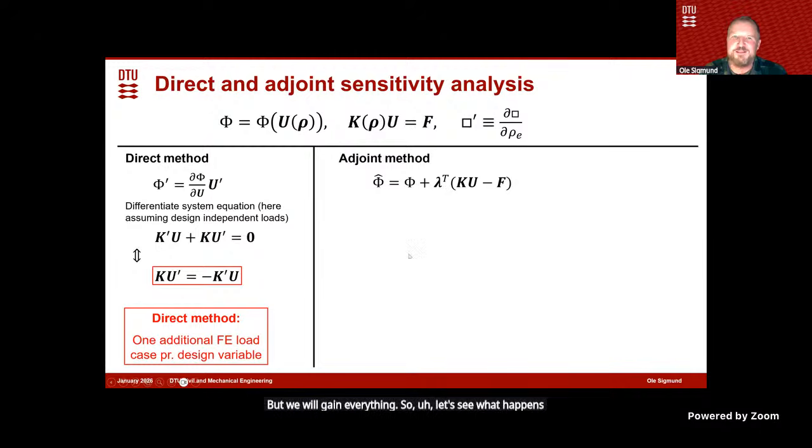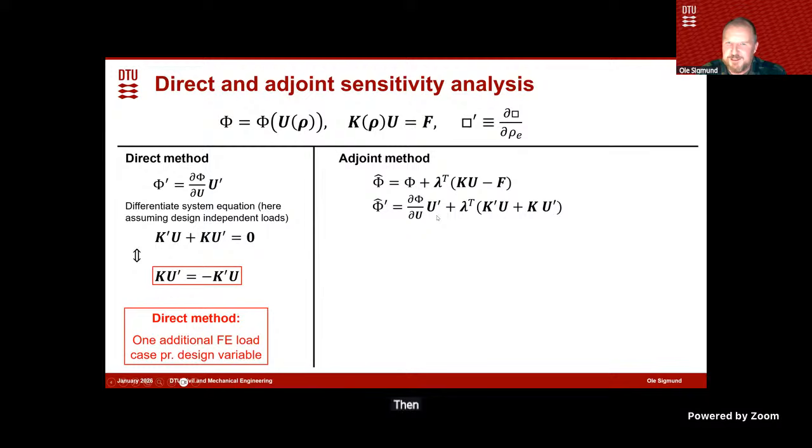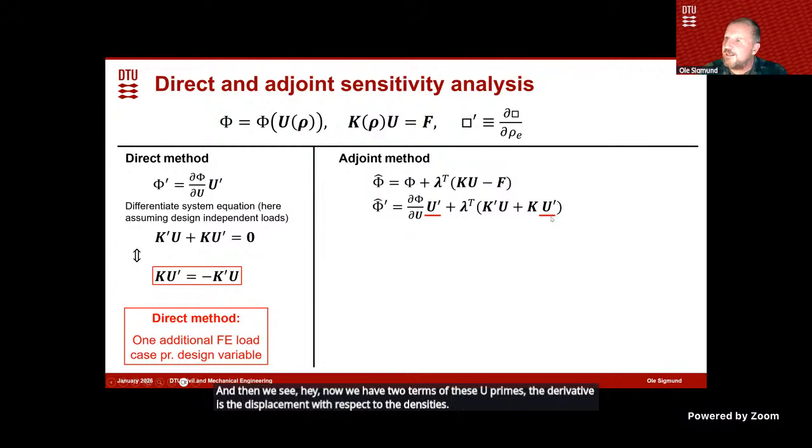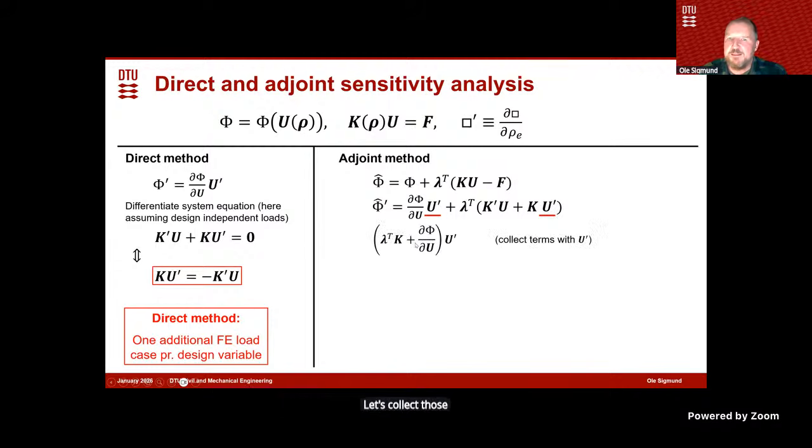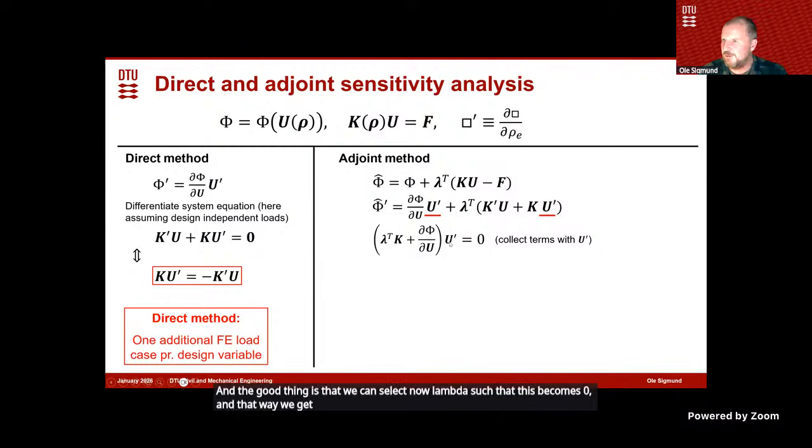If we differentiate this, then we have the chain rule again, and then we differentiate the inner part of this. And then we see, hey, now we have two terms of these u primes, the derivative of the displacement with respect to the densities. Let's collect those, and we see here, that's this expression. We want to get this to disappear, so we want to put this to 0. And the good thing is that we can select now lambda such that this becomes 0, and that way we get rid of these unpleasant terms.